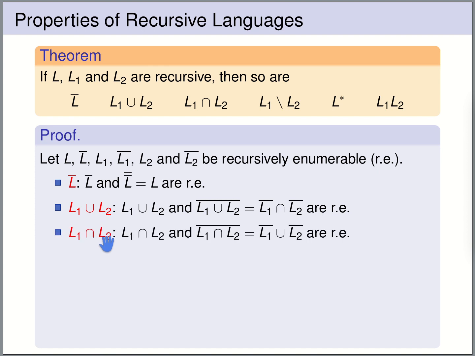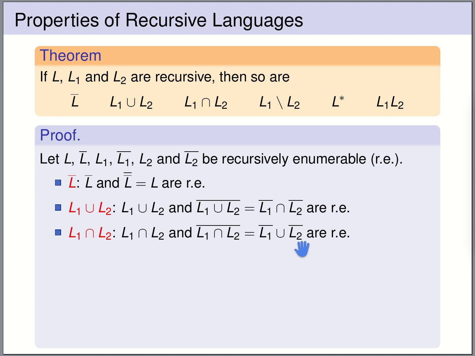And just the same reasoning applies to the intersection. If we take the intersection of L1 and L2, we know that the intersection preserves recursively enumerable languages. So the intersection is recursively enumerable. Now let's look at the complement. The complement of the intersection is the union of the complements of L1 and L2.